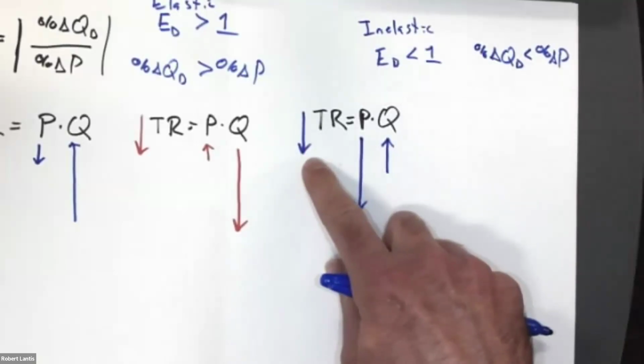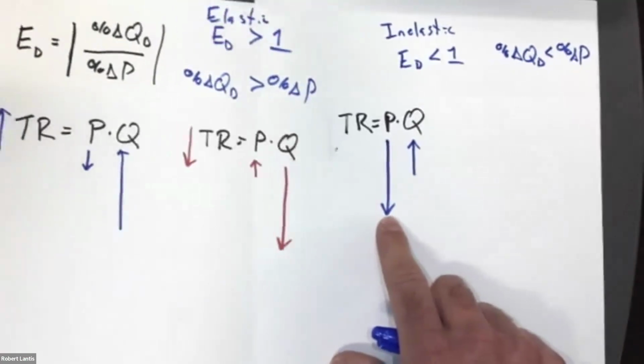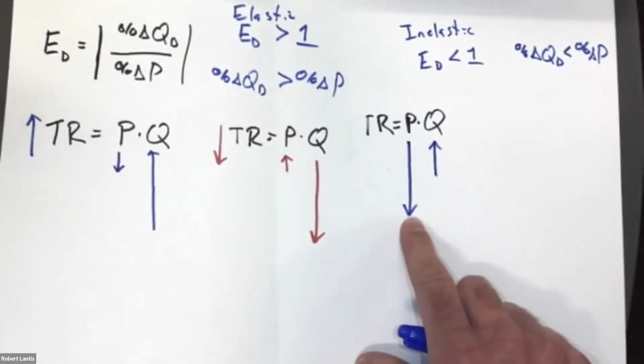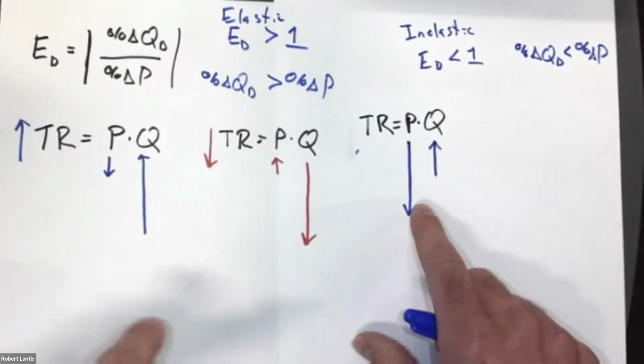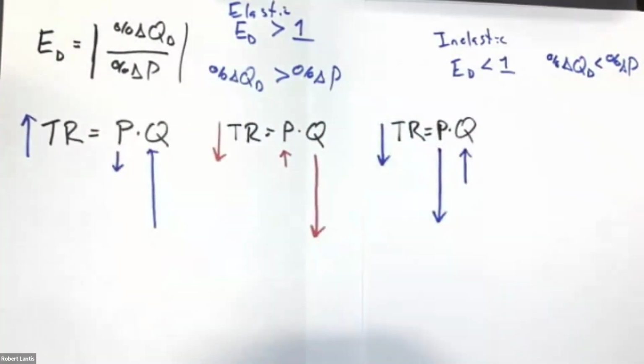So total revenues would actually go down. So that same price decrease, right? We'll have different effects on total revenue depending on if demand is elastic or inelastic.